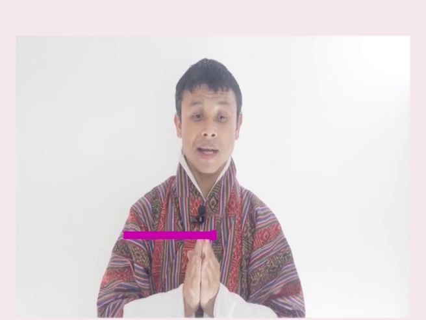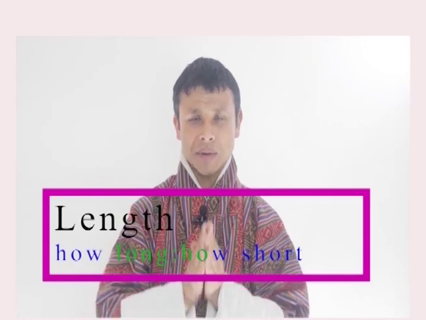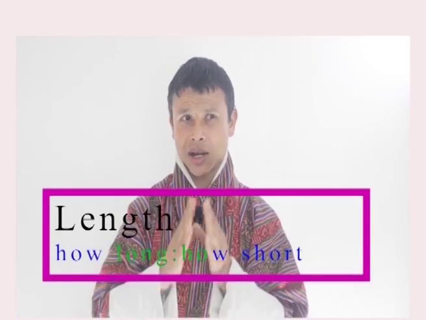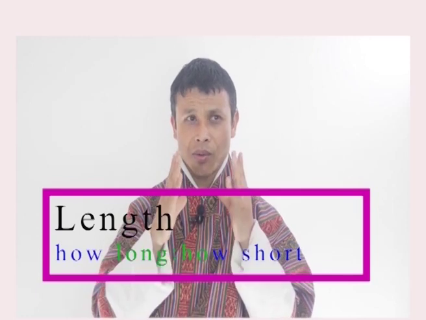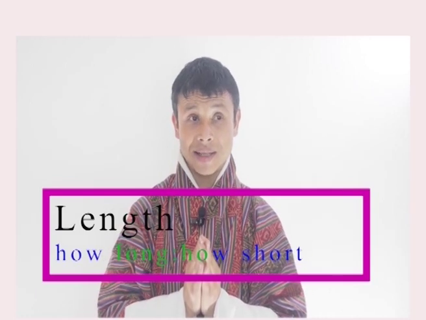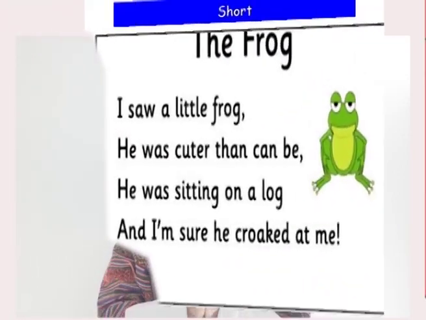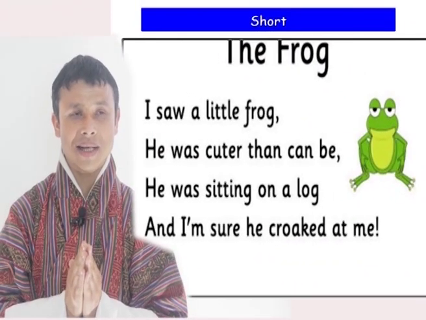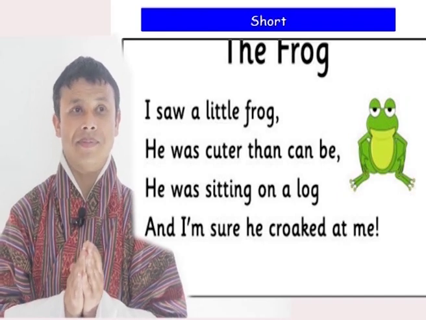Now let us go to another aspect within the structure of a poem. It is the length. When we talk about length, we are talking about how long the poem is or how short the poem is. Let us look at this example.